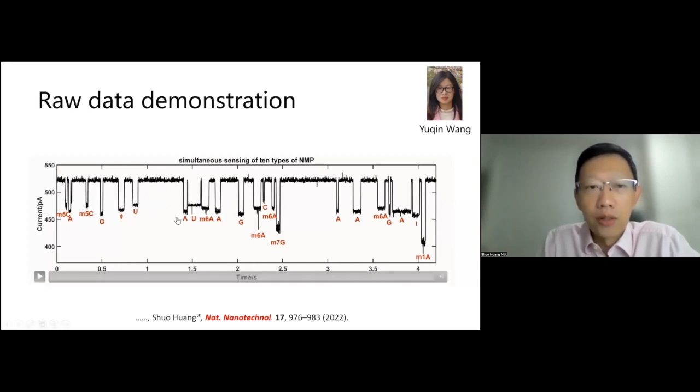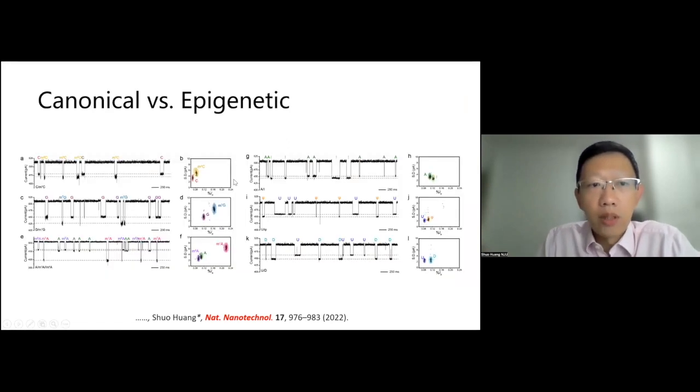You can see it's very clear, even with your naked eye, you can tell the difference. We also tried to compare, using the same nanopore, the difference between canonical and epigenetically modified versions of the NMPs, for example, C versus m5C and G versus m7G and so on. You can see that they are very easily discriminated using the high resolution nanopore.